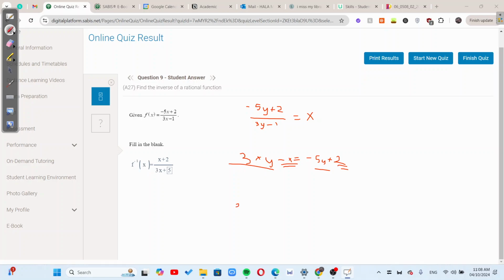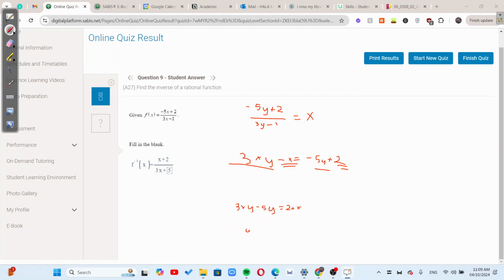So you're gonna get 3xy minus 5y equals 2 plus x. So now we need to take our y into factor, because see, you have y both times. You could take it into a factor.